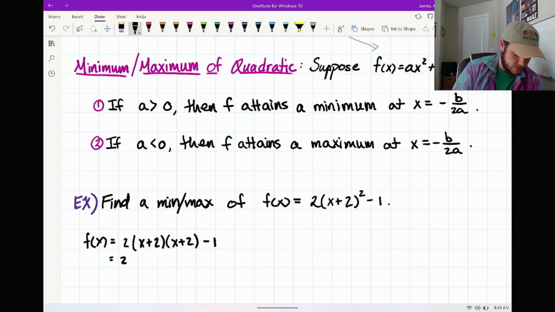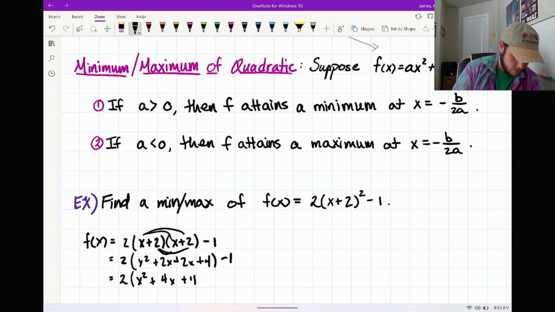This is going to be 2 times, filling it out, I get x squared plus 2x plus 2x plus 4 minus 1. That's 2 times x squared plus 4x plus 4 minus 1.